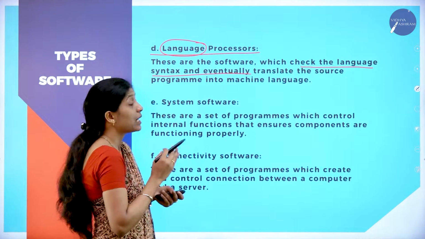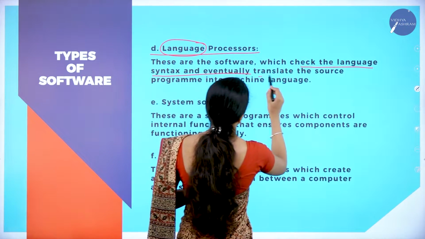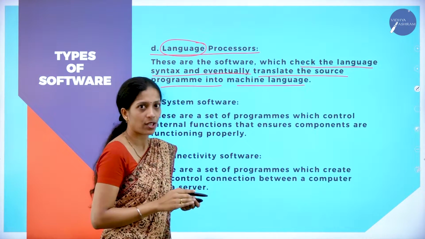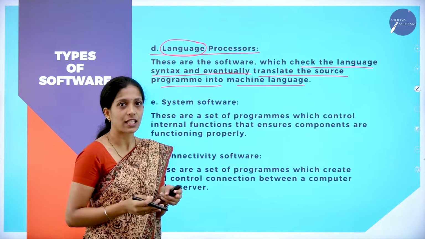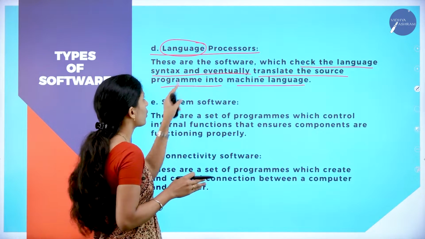These are the software which check the language syntax and eventually translate the source program into machine language. Here one language can be translated to another language. Translation takes place from one language to another language. That is known as what?